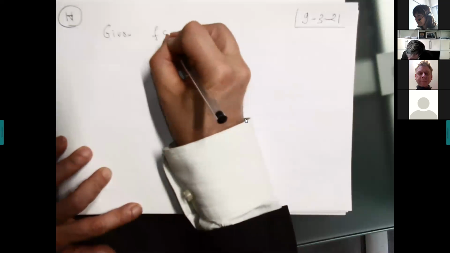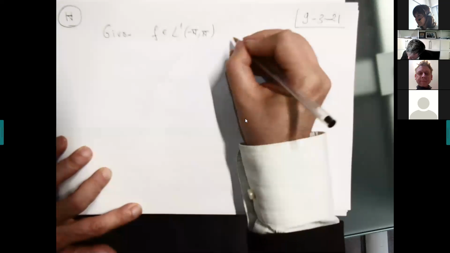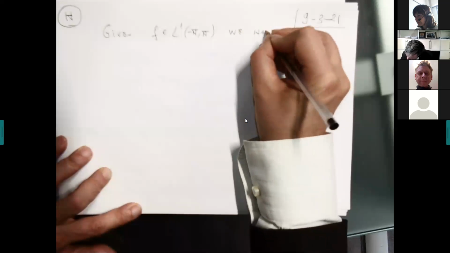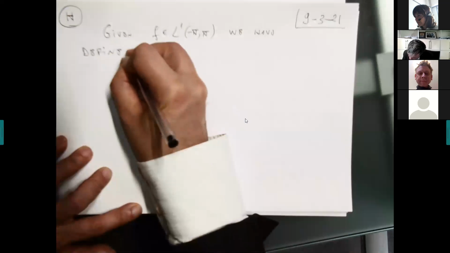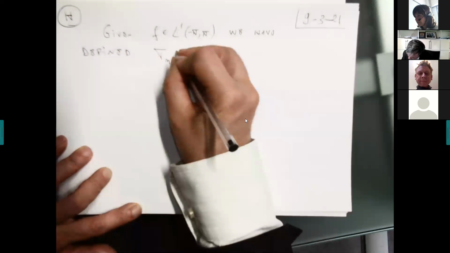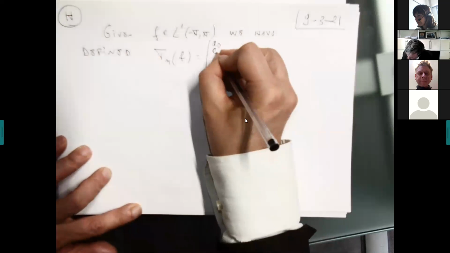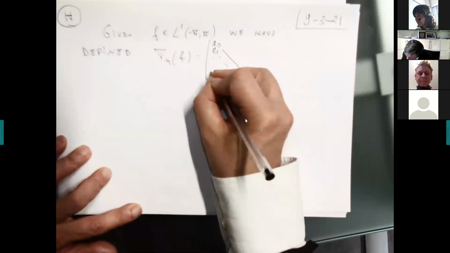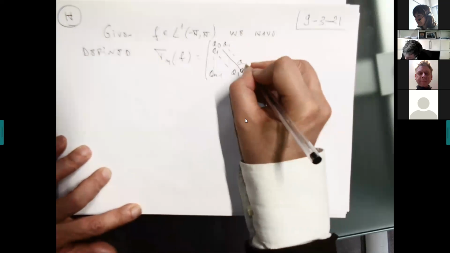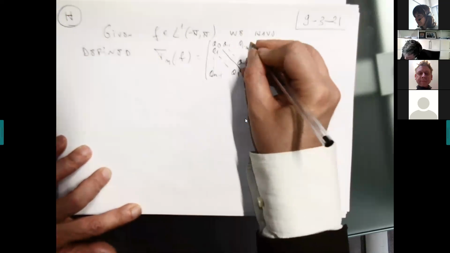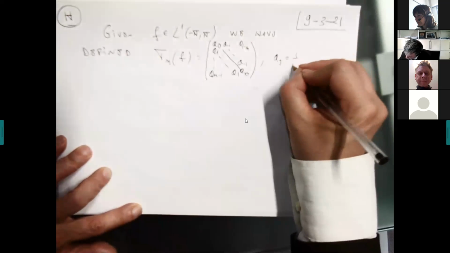Given f belonging to L1 of minus pi, pi, we have defined T_n of f like the matrix with a_0, a_1, ..., a_{n-1} along the first row and a_0, a_{-1}, ..., a_{1-n} along the first column, with a_j the Fourier coefficients.